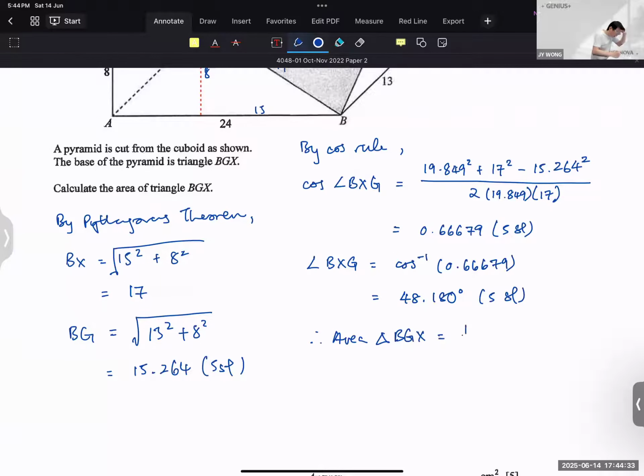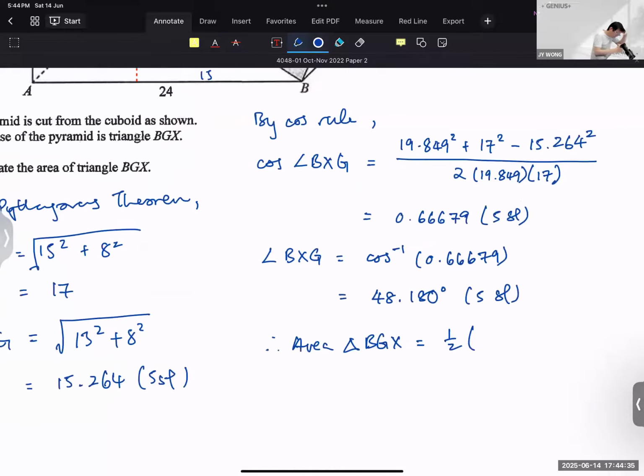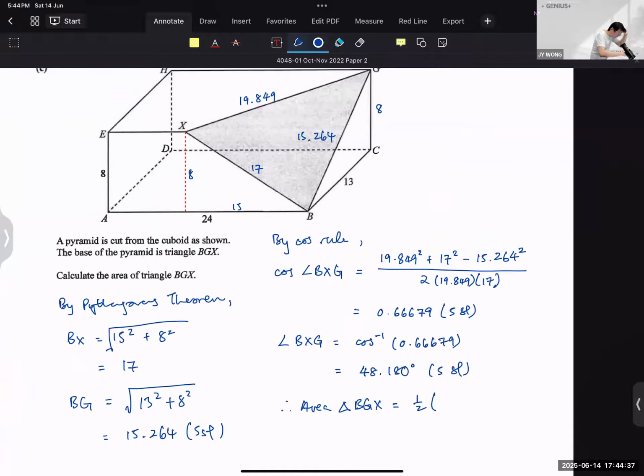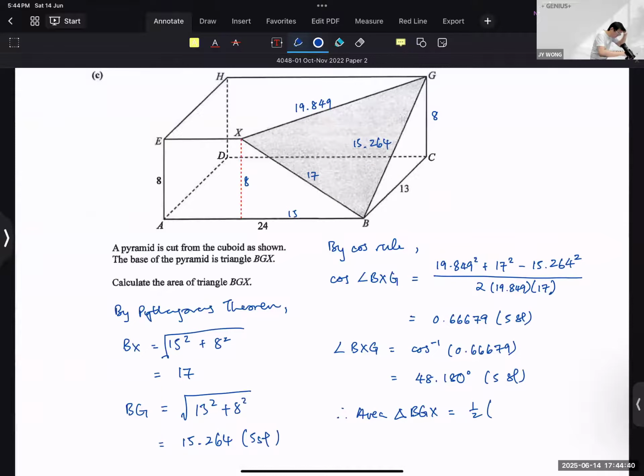And therefore area of triangle BGX is equal to half. Make sure you know which angle you found. I found BXG here, so this is 48.180.